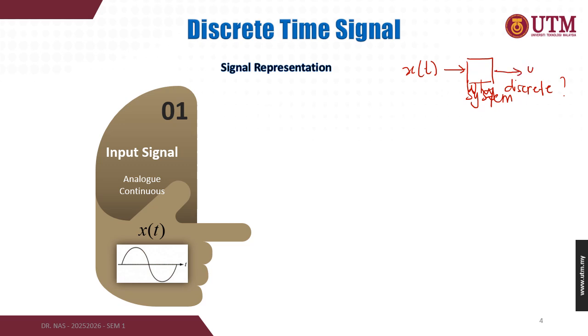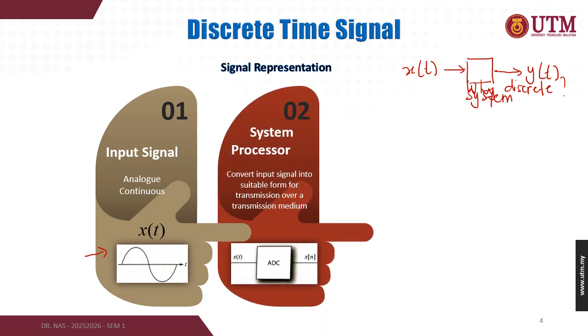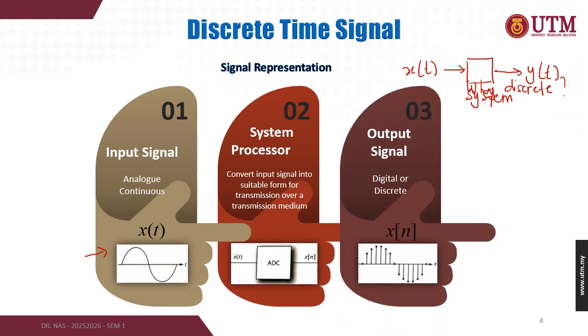But in discrete time, the input signal is in T domain, a continuous time signal or analog signal. The signal is transmitted into a system or a processor, commonly an ADC, analog to digital converter, which converts the input signal in time domain to a discrete time signal. So the output is now in N domain.